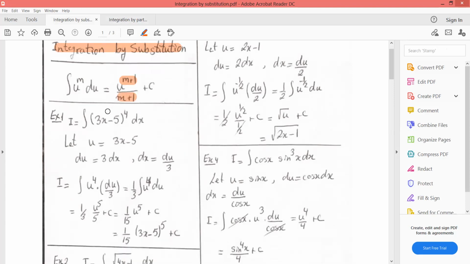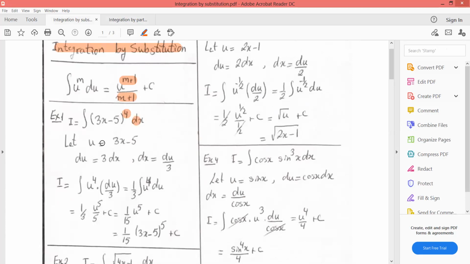To calculate the integral of the form of a power, we add the power by 1 and we divide by the same power. If we need to calculate the integral of (3x minus 5) to the power 4 dx.